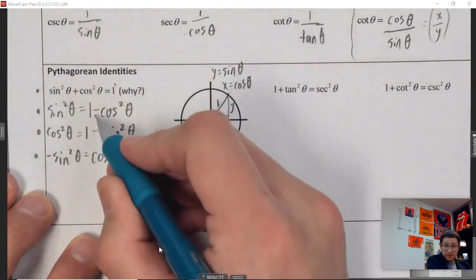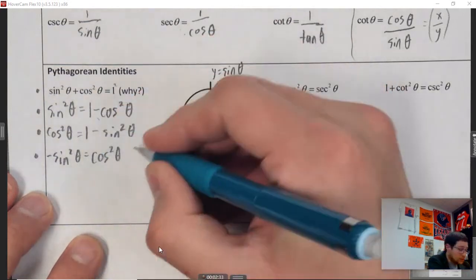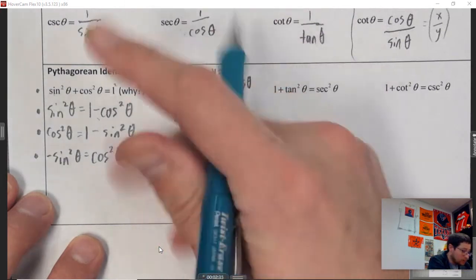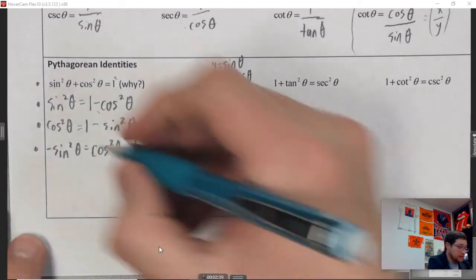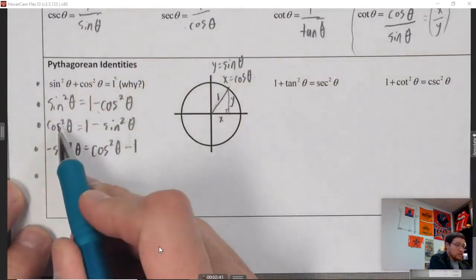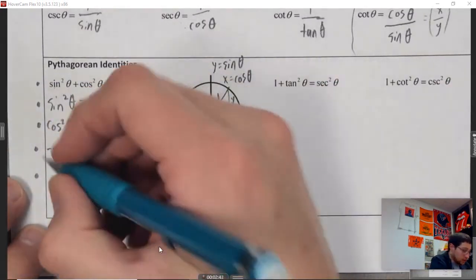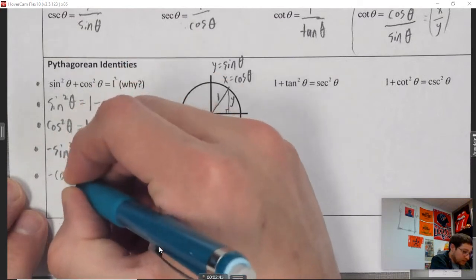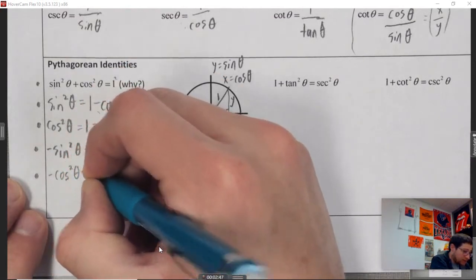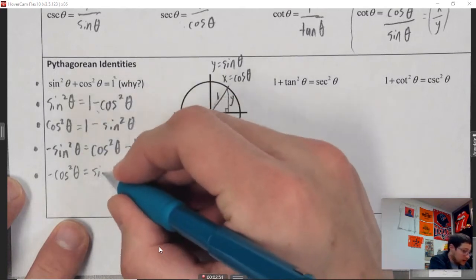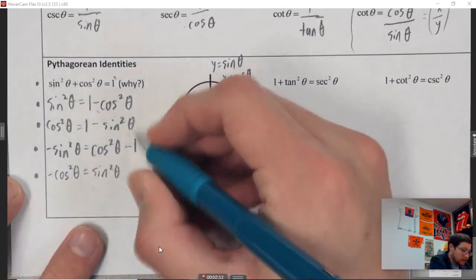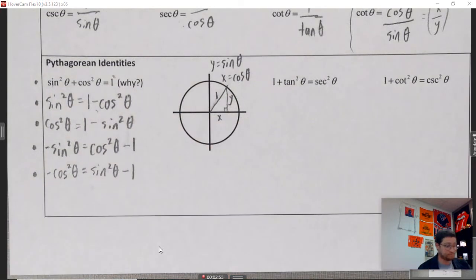It was negative, now it's positive, and then minus 1. That's another Pythagorean identity. You could have another one where you're multiplying this by negative 1. So another Pythagorean identity is negative cosine squared theta equals, well, we're multiplying negative 1 to here, so now this is sine squared of theta, and then minus 1.